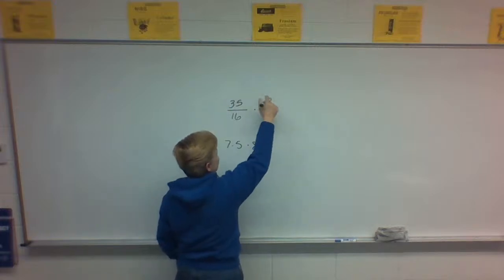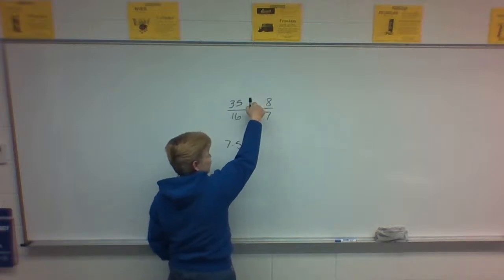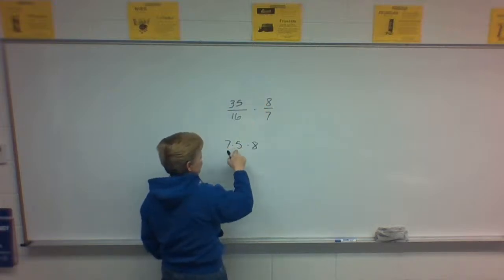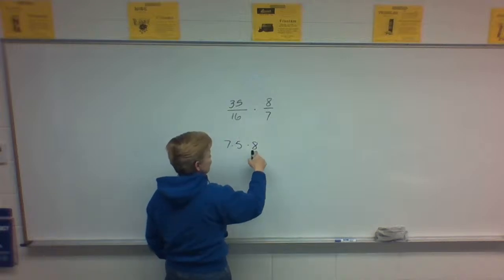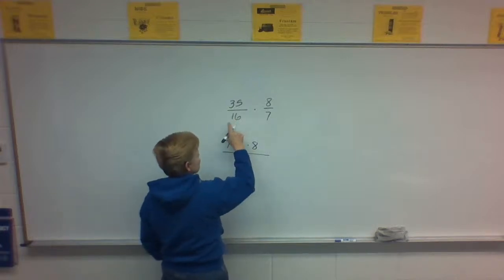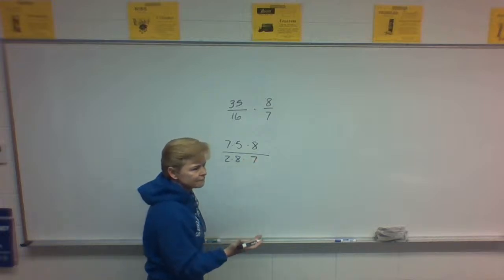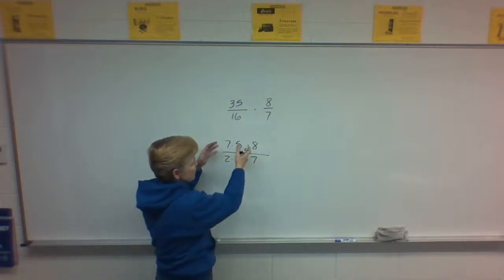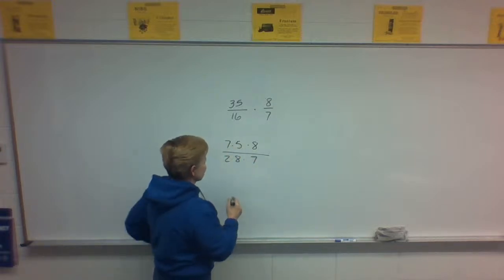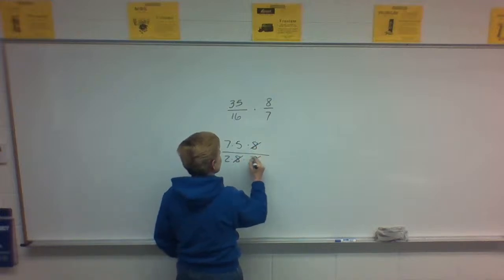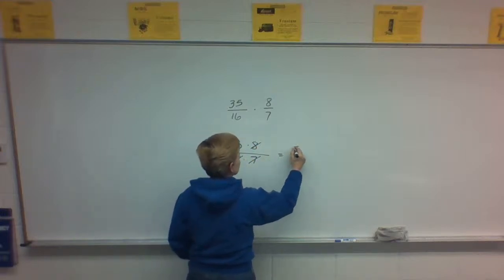So these are all going to be on the top with a times sign in between, right? This is 7 times 5 times 8 over 2 times 8 times 7. That's what you're going to do. You're going to factor everything and dump them into one expression, and then cancel what you can. And then write down what's left.